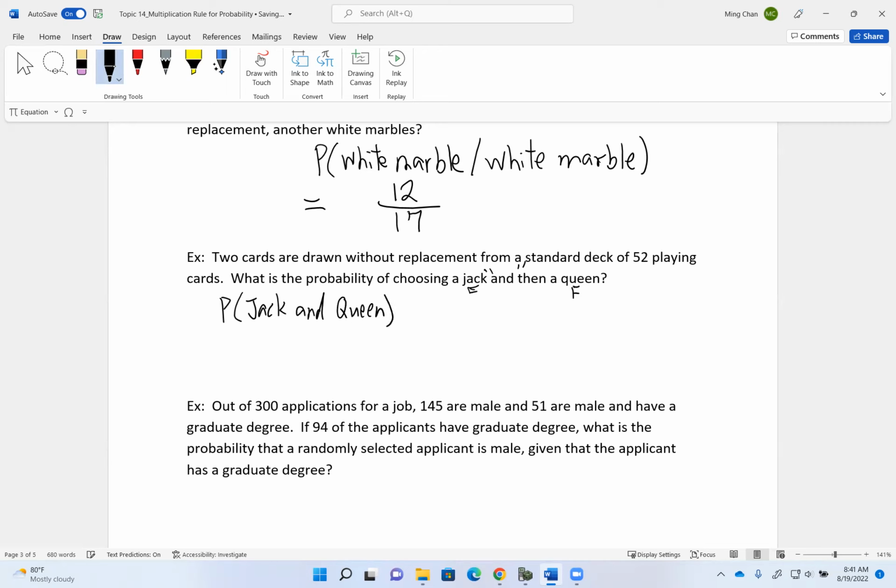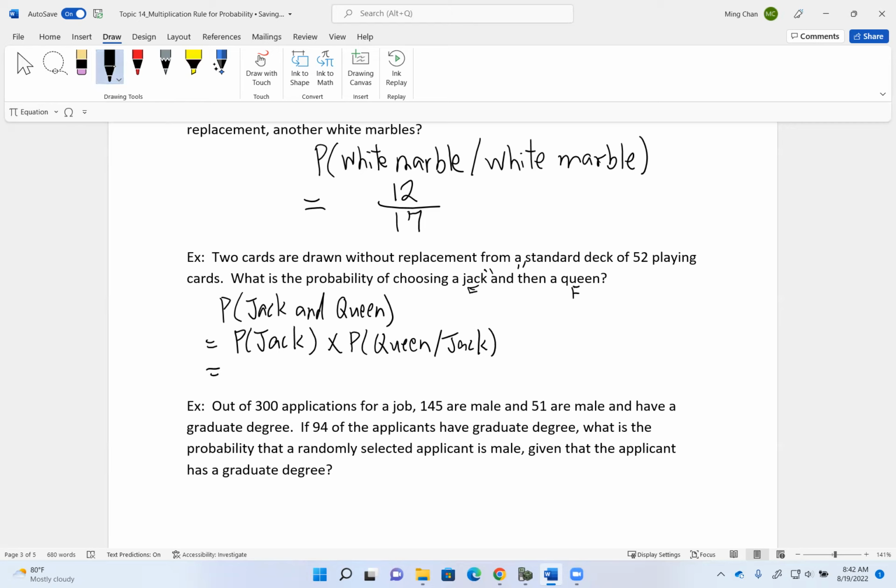I'm drawing 2 cards, basically. By our definition, this is finding the probability of a jack. This problem doesn't have that many words, so I'm going to write it out for you. Probability of finding a jack times probability of finding a queen, given that I already selected a jack without replacement.